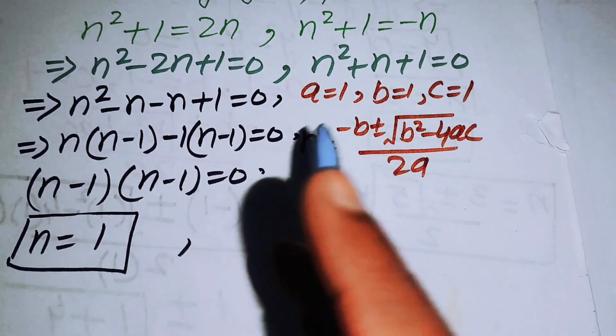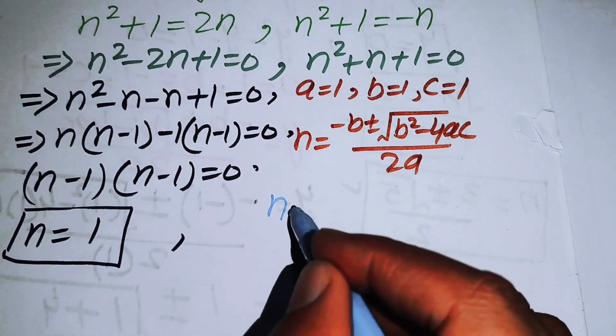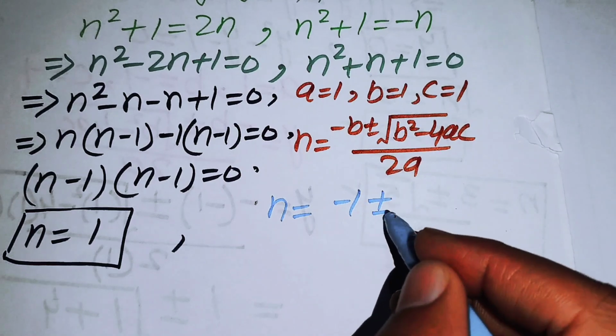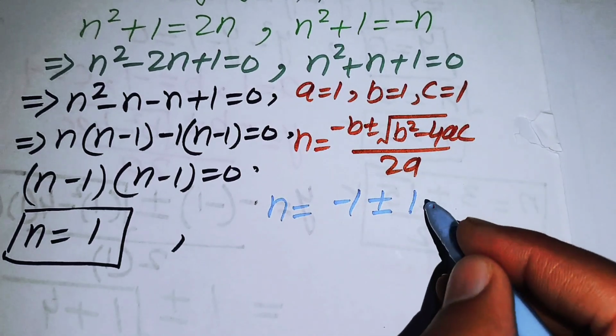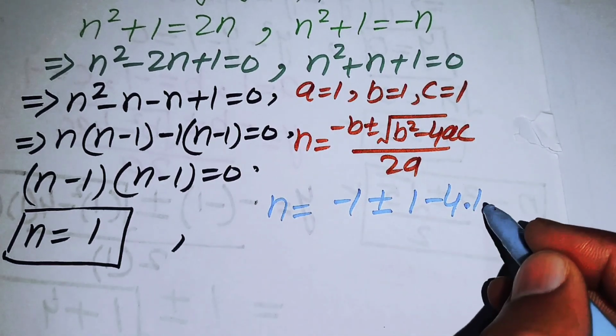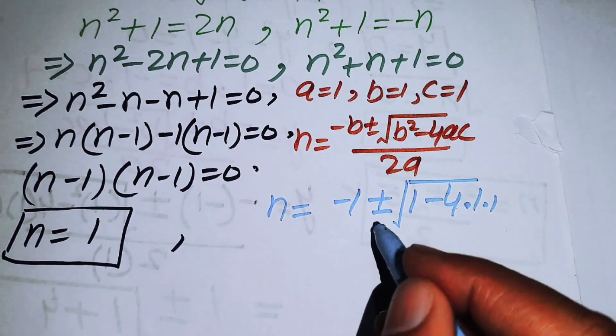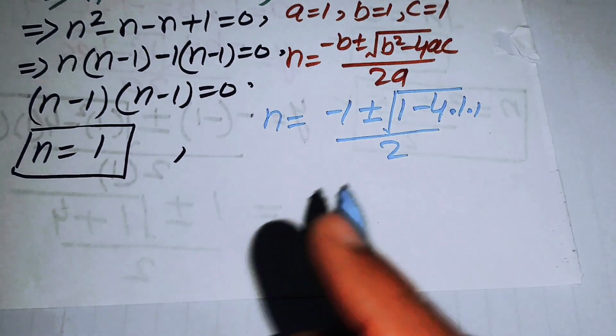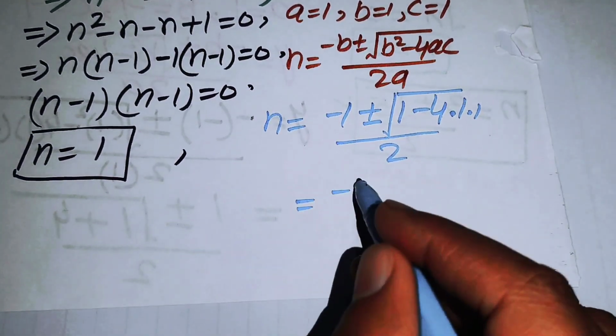Now we substitute the values of a, b and c here. Then you move towards our final answer and we have n = (-1 ± √(1 - 4·1·1)) / 2.